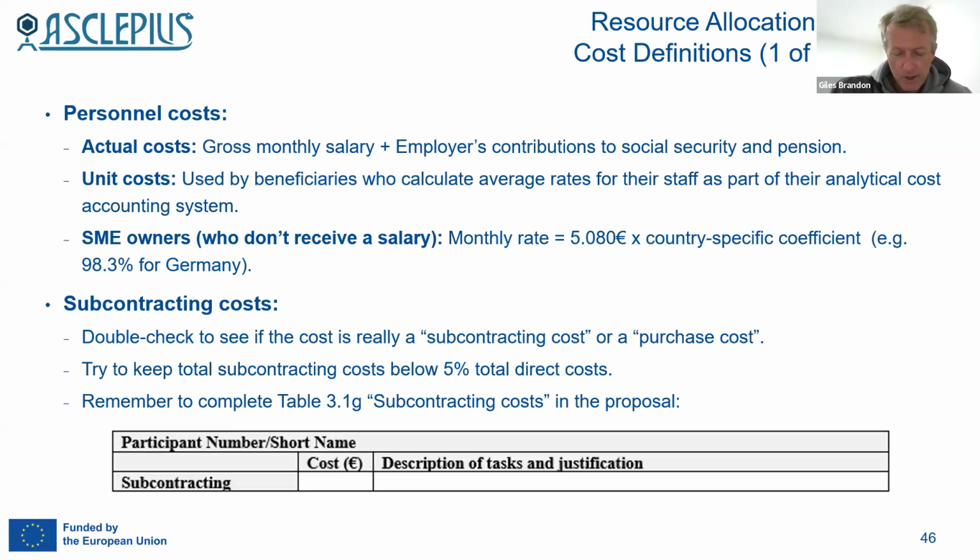For these country coefficients, you'd need to do a Google search. Unfortunately, I don't have a QR code or the document readily to hand, but if you do a Google search, you can download the relevant document. As an example, the country coefficient in the case of Germany is 98.3%. So that would be the figure you'd multiply the 5,080 euros by. So that's some words about personnel costs.